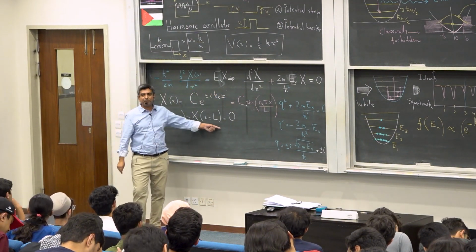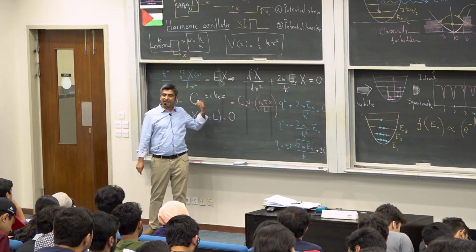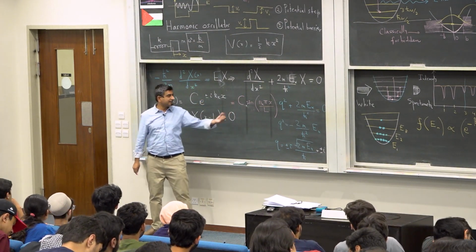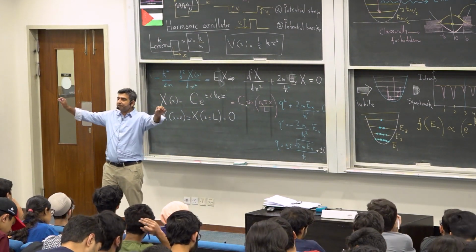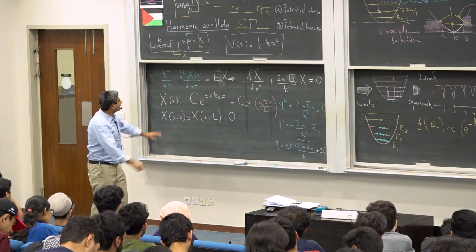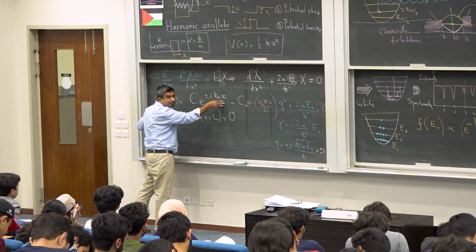If these boundary conditions were to be satisfied, this must be the wave function capital X. Some quantum number nx has popped up in exactly the same manner as in an infinite well, because up till this point we got to this point, this now looks like a 1D infinite well.